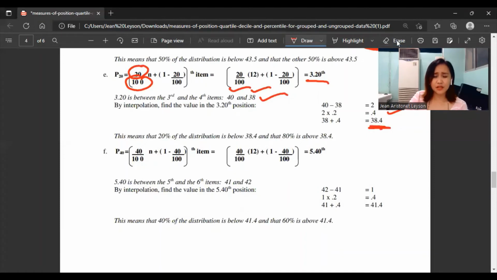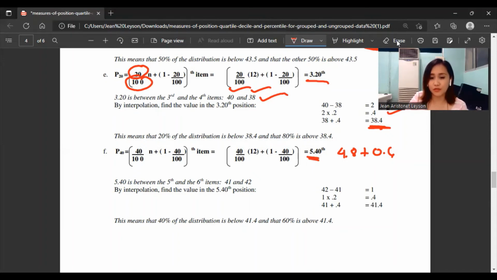So simplifying, that's 480 divided by 100, it's 4.8, plus 1 minus 40 over 100, that's 1 minus 0.4, that's 0.6. Then 4.8 plus 0.6, that is 5.4.